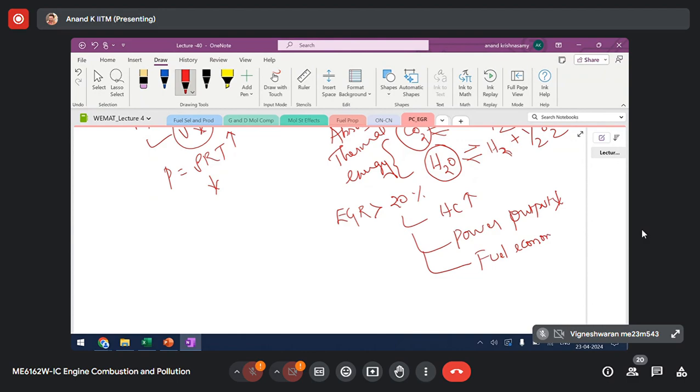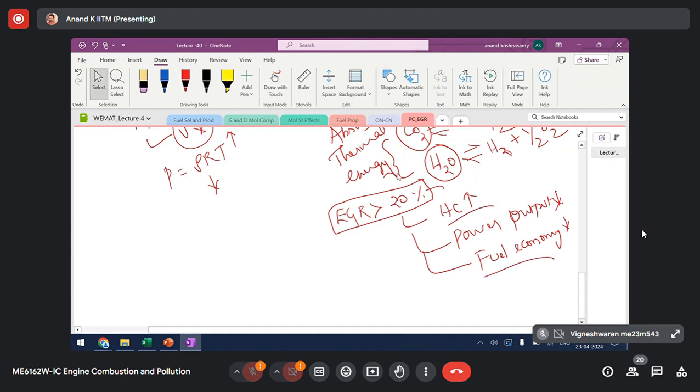The engine is going to consume more fuel if you use high EGR. So you have to be cautious in handling the EGR percentage. Okay, there is an upper cap for controlling NO. You cannot rely totally on EGR, right? There is a cap here because there are other detrimental effects on the engine in terms of poor fuel economy. Other primary pollutants will increase.